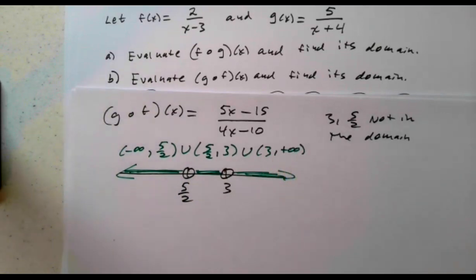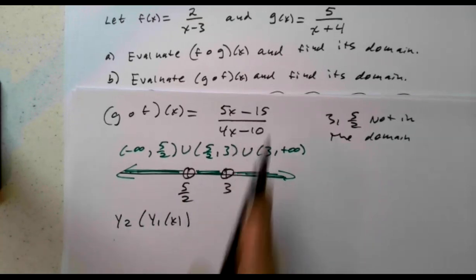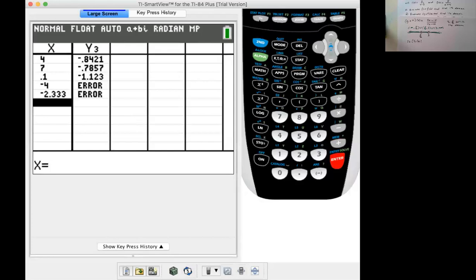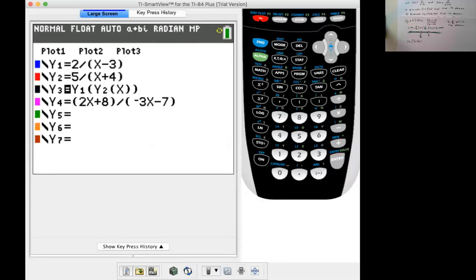And as always, let's check it on the graphing calculator and see if that's supported. Remember, we called G y2. So I want to see what y2 circle y1 is, or y2 of y1 of x. Hopefully it's 5x minus 15 over 4x minus 10. So let's do that. We have y1 and y2 there, so we will erase these other ones.